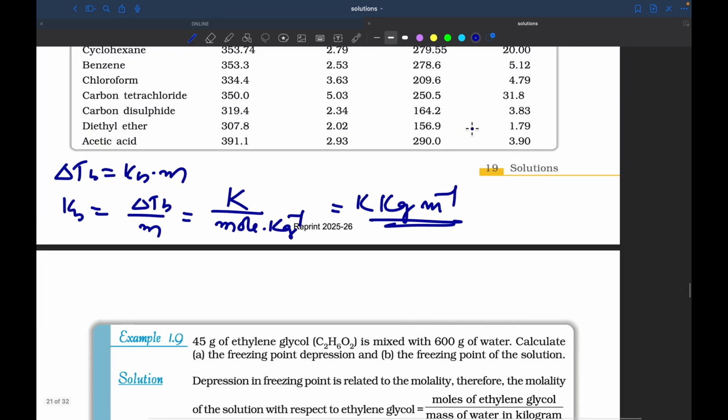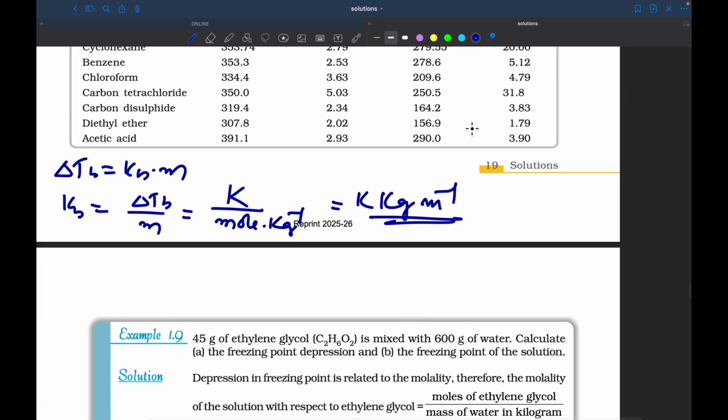Okay, now let us solve this question. We will solve question 45. So what is the question? I'll read out the question here. 45 grams of ethylene glycol is mixed with 600 grams of water. Calculate the freezing point depression and the freezing point of the solution.